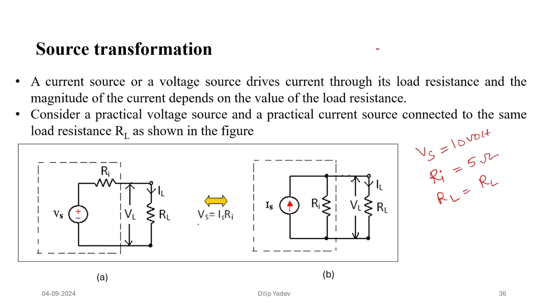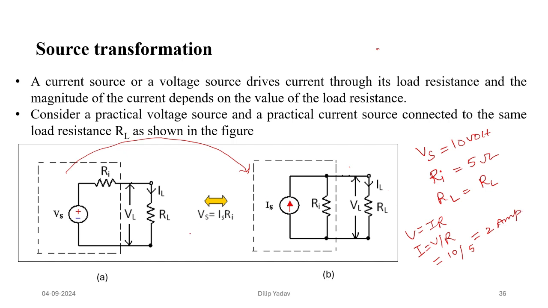We are just transforming this part, that means voltage to current. According to Ohm's law, the voltage is equal to resistance into current, so I is equal to V by R. If V is 10 and R is 5 ohm, then we have 2 ampere as the current.